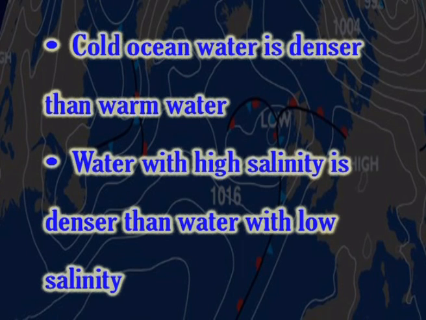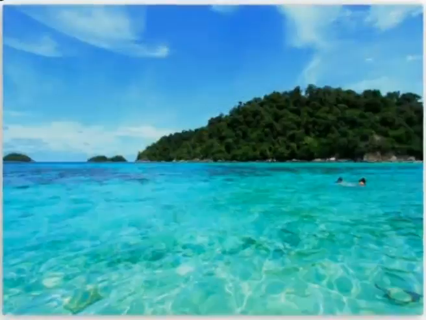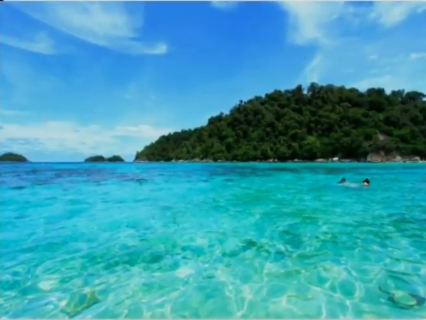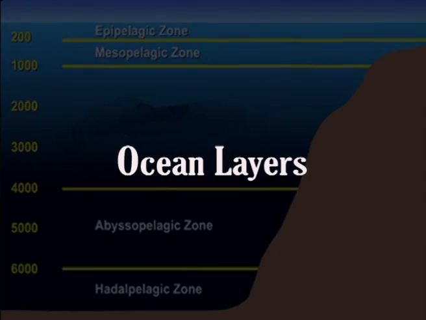Water with high salinity is denser than water with low salinity. Ocean water always moves towards an equilibrium or balance. For example, if surface water cools and becomes denser, it will sink. The warmer water below will rise to balance out the missing surface water.